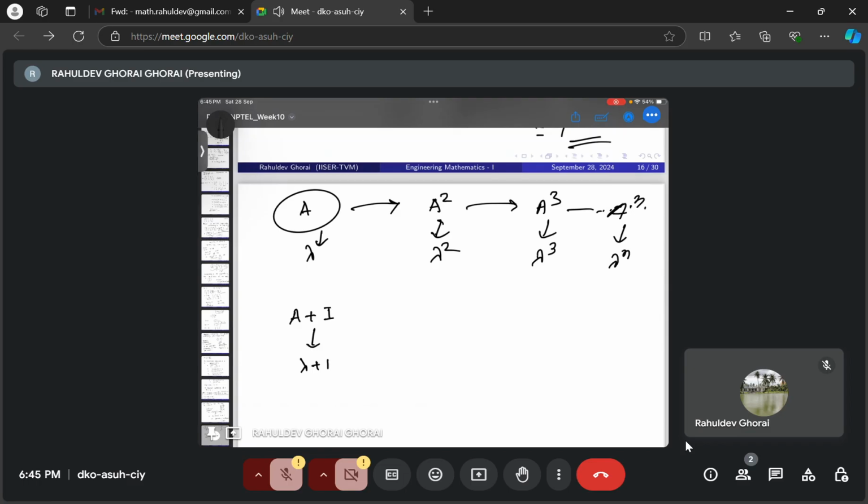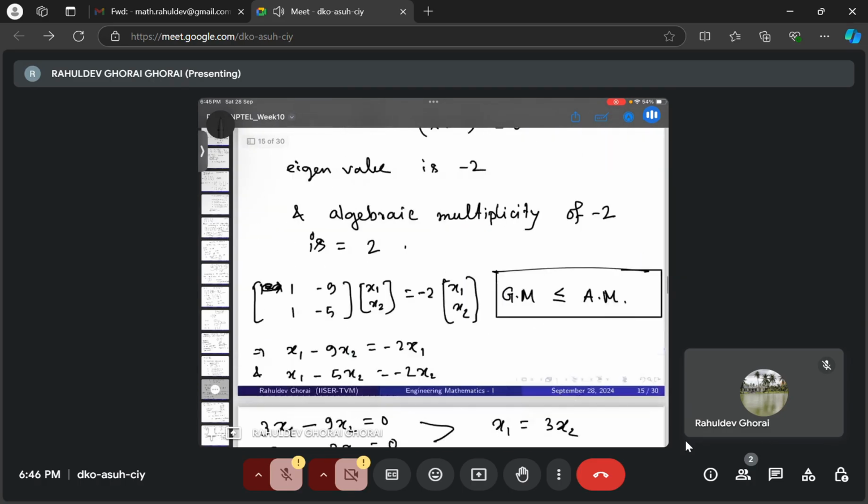Also, some properties I am telling you: the sum of eigenvalues is equal to the sum of main diagonal elements. You can check for this matrix, let's say 1 minus 9, 1 minus 5.